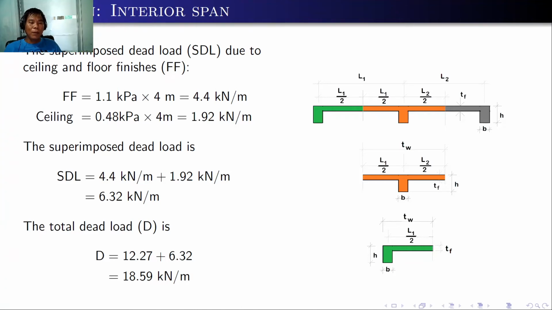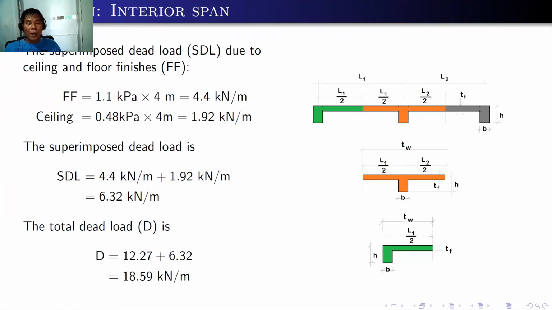So the floor finish has a load of 4.4 kilonewton per meter, and the ceiling has 1.92 kilonewton per meter. So the superimposed dead load is 4.4 plus 1.92, that's 6.32 kilonewton per meter. And the total dead load D is therefore equal to the self weight 12.27 plus the superimposed dead load 6.32. So the total dead load is 18.59 kilonewton per meter.